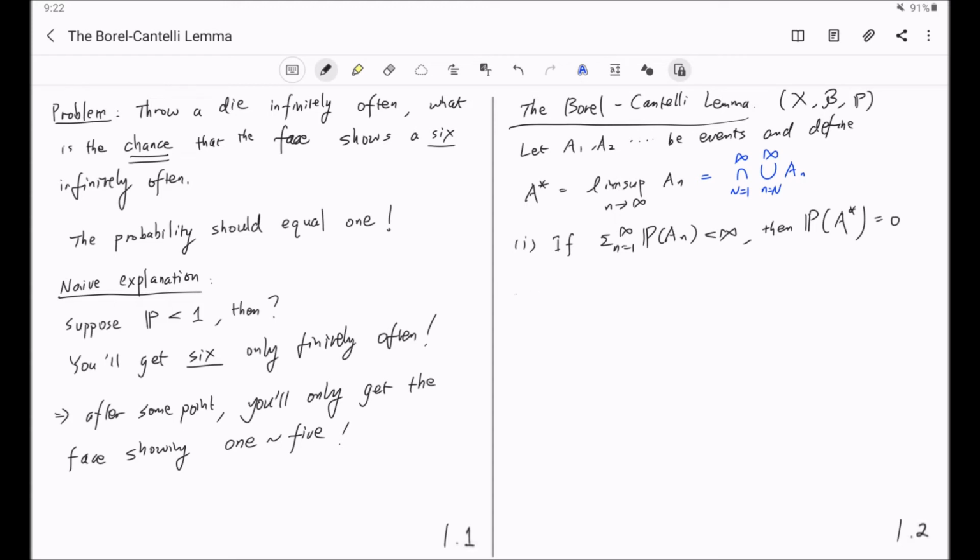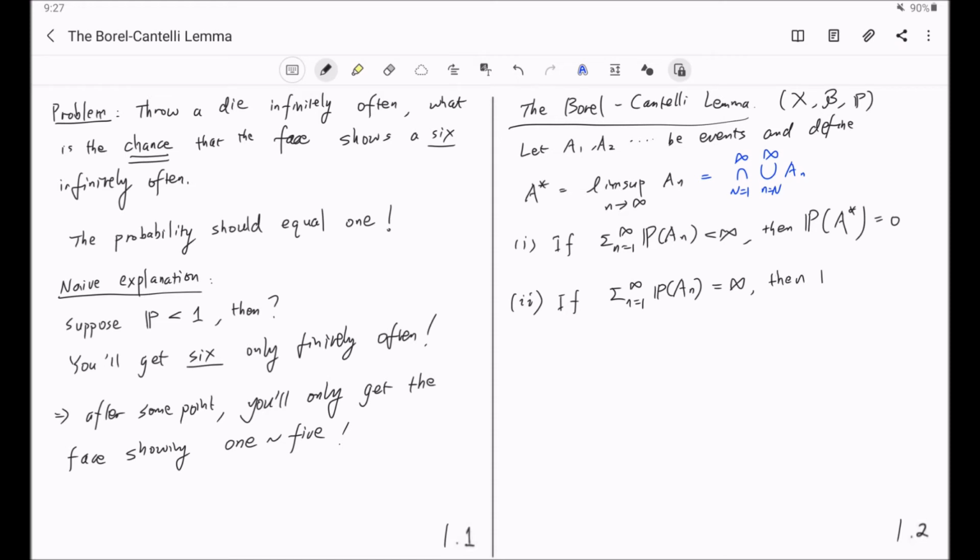Now here's the second part, which is some sort of converse of the first part. So what will happen if you get this sum equal to infinity? If the sum of those events' probabilities is equal to infinity, what do you think the result will be?